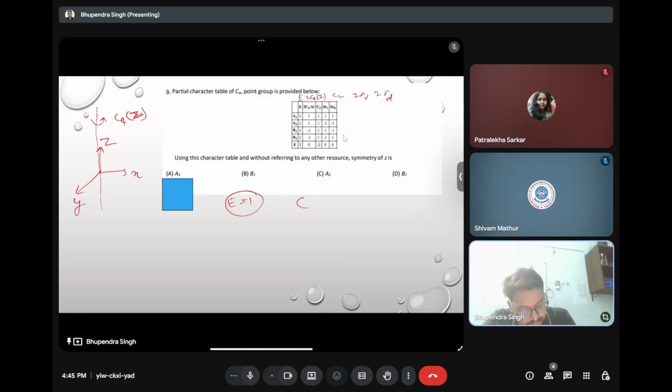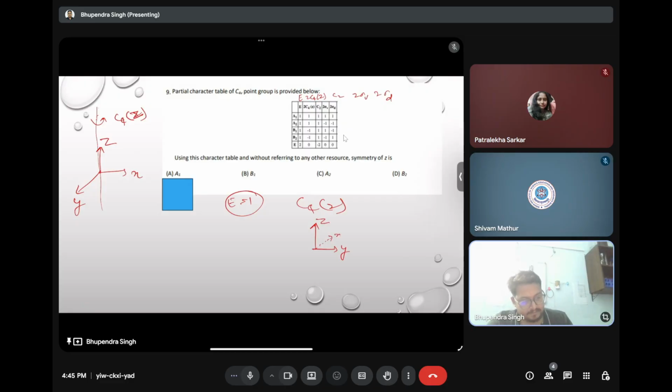If you apply C4 along the Z direction, C4 means if you rotate by 90 degrees, it will be like this.